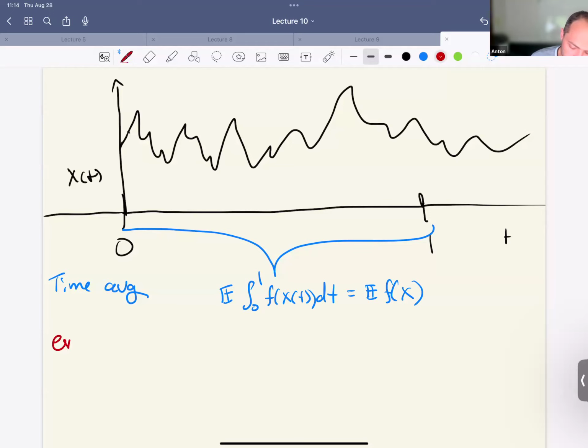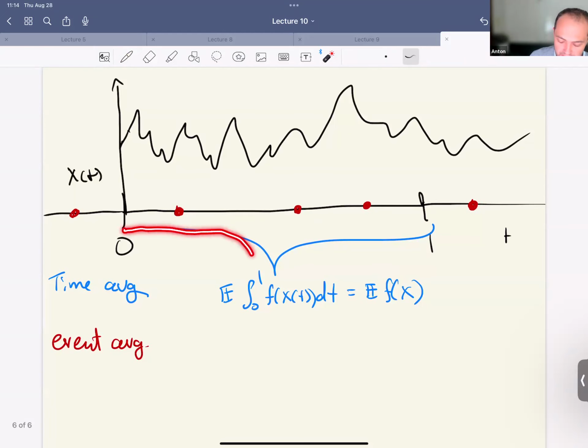I also have the event average. Suppose my arrivals happen at these red dots, and I can have arrivals happen before time 0 as well. My time average basically says I'm just going to look at a fixed time interval and take the average over whatever happens here.